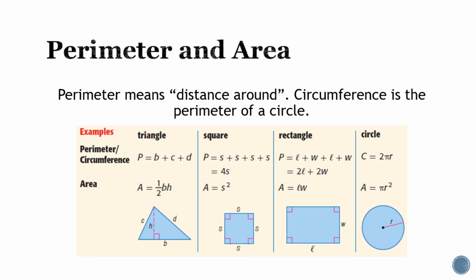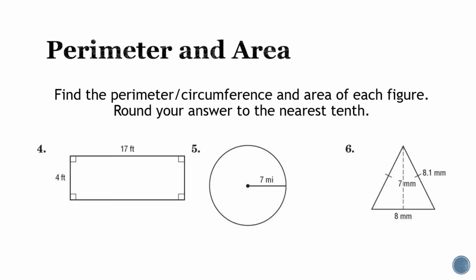Area of a rectangle is length times width. Area of a circle is pi r squared. Write these down, so know these. Perimeter means distance around. Circumference is the perimeter of a circle. Okay, I'll give you a second. Write these down.